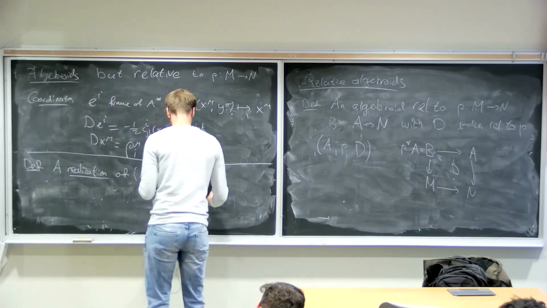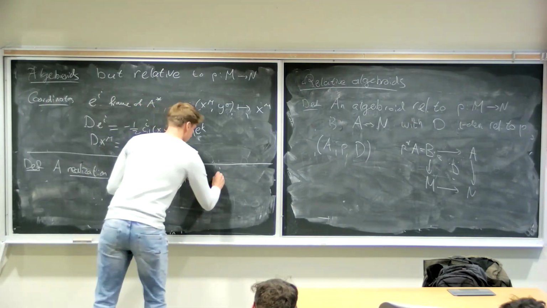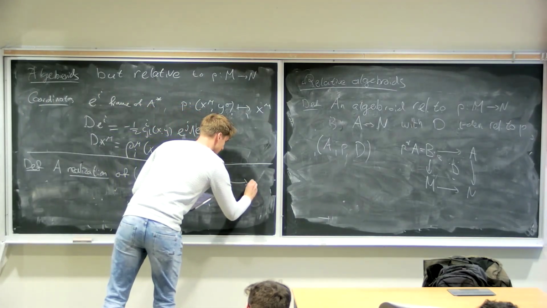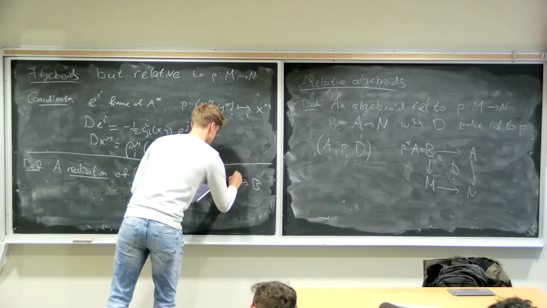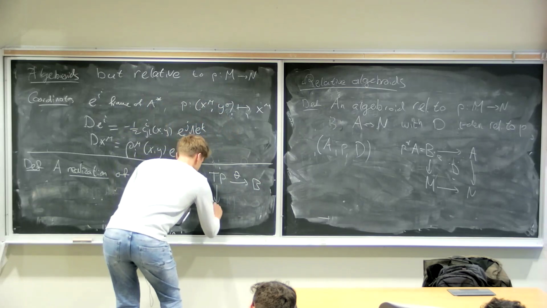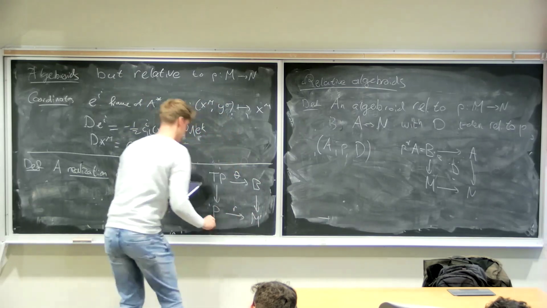So it's a triple. Well, we need a map from the tangent bundle of P to B. This is our map theta. This goes down to P, and it covers some base map R.